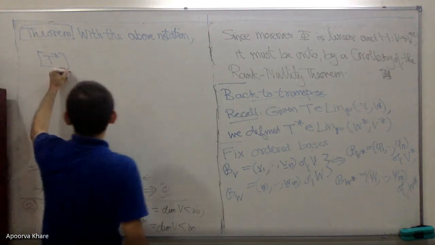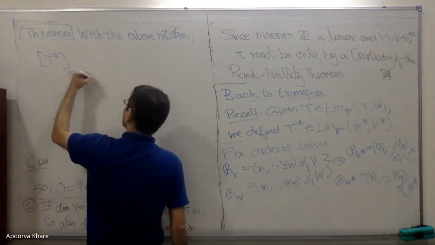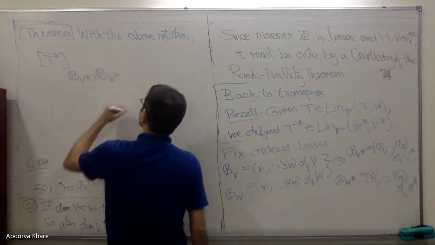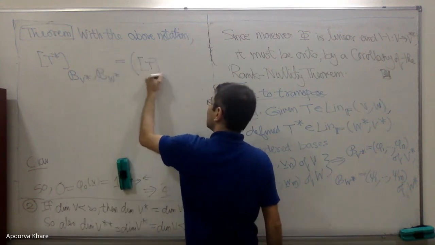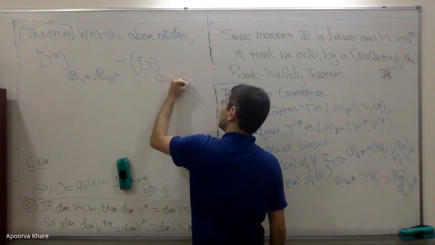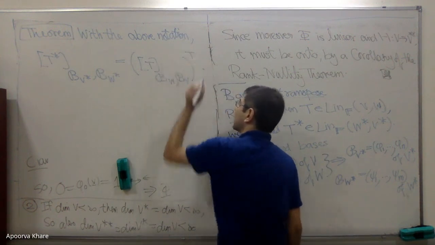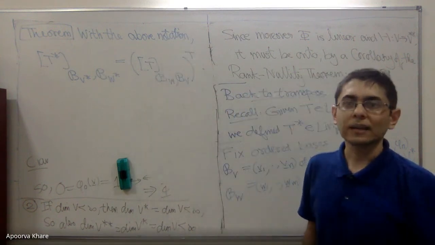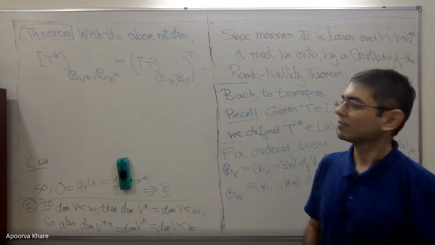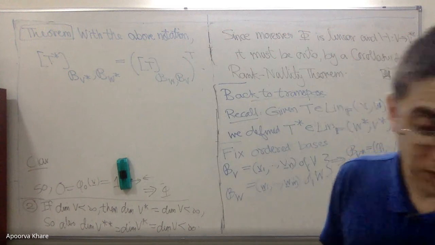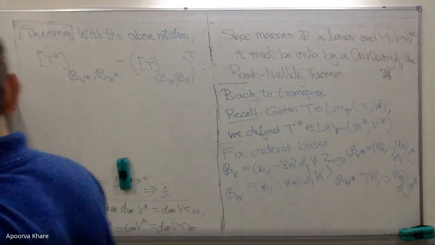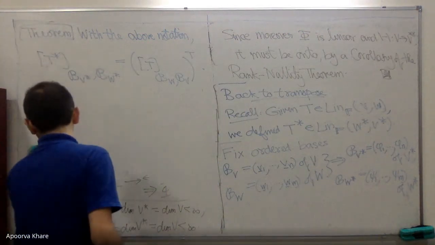So I have to first write down B star and then B W star equals, I take the matrix of T with BW, BV, and I simply take the transpose. That is the theorem. So it's just all of this notation fits together in a transposey way. That's really what it is. Okay, that is the theorem.